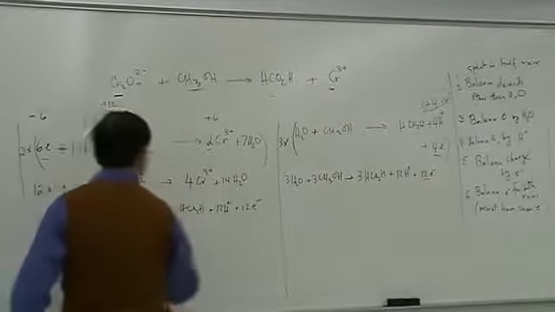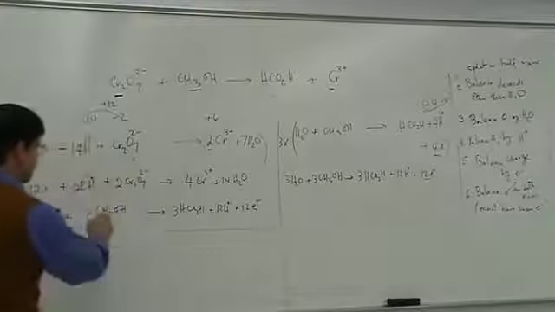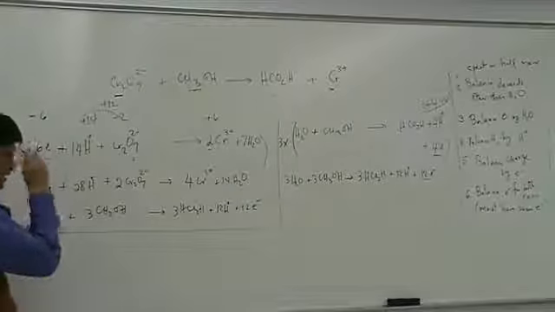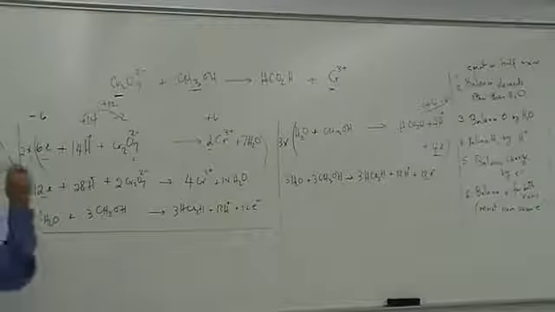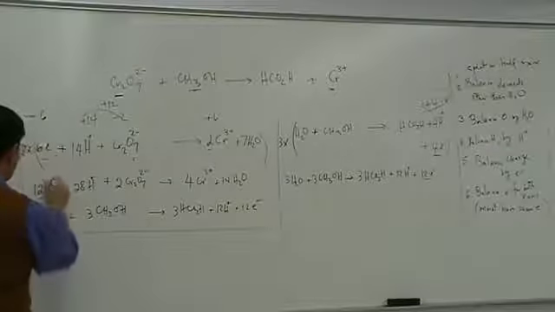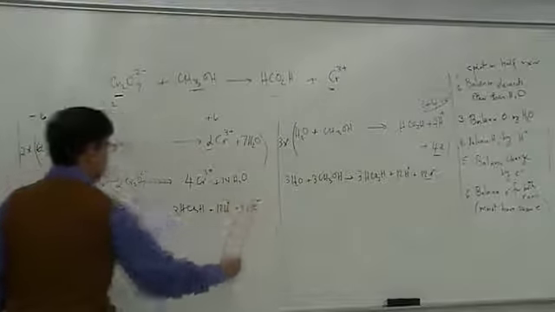This is like algebra. I'm adding these two algebraic equations. What I have on the left side, if I have the same thing on the right side, we can cancel out or we can subtract. So 12 electrons goes with the 12 electrons on the right side.